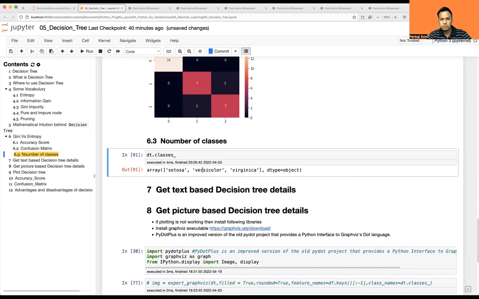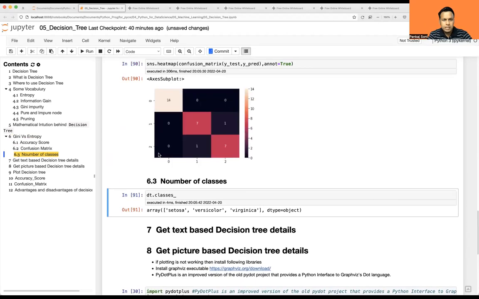So this is your 0, 1, 2, always in the order 0, 1, and 2. If you see here, 0 is your Setosa, so Setosa is all fine, and 1 is your Versicolor. Out of 8, we are rightly classifying 7, but 1 is getting classified as Virginica. You see here, correct? So that is what is going wrong with the accuracy.